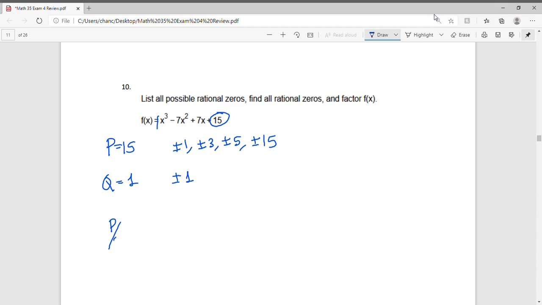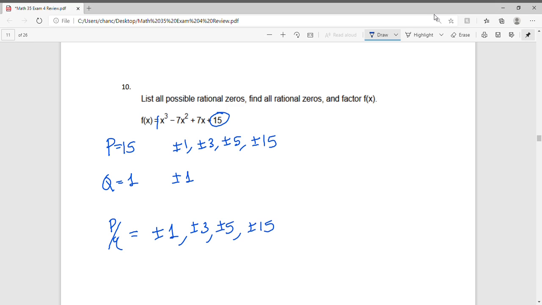So according to our rational root theorem, all of the possible factors of this polynomial are the ratio of p over q. So we have plus or minus 1, plus or minus 3, plus or minus 5, and plus or minus 15.